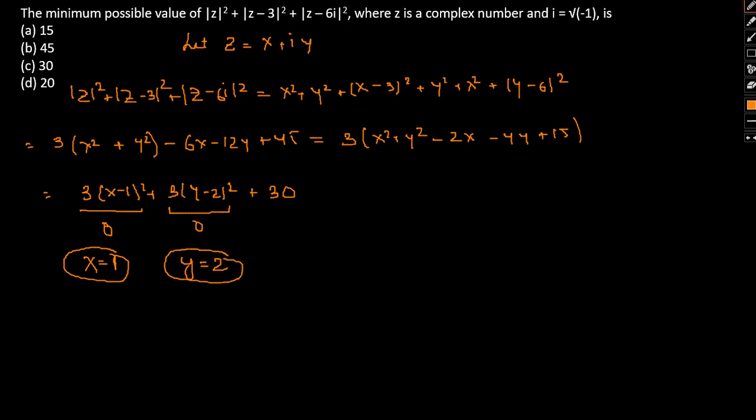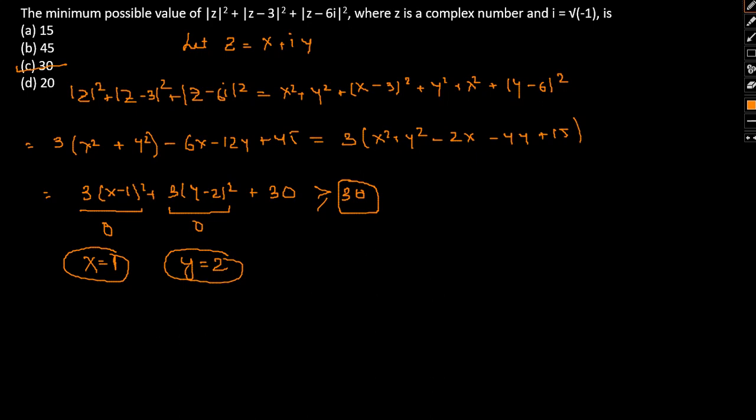Therefore the minimum possible value of this expression is greater than or equal to 30, and the minimum value that one can attain is simply 30, right? Because 0 and 0 plus 30 will give us 30, so 30 is the minimum value. So therefore our answer will be option C.